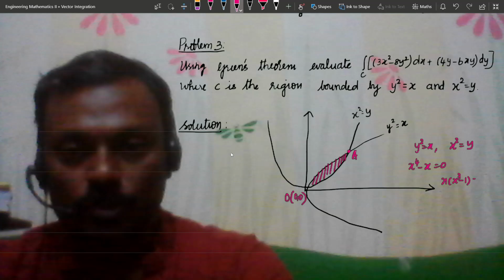But considering only the real roots, because we are on the real plane and it's a real integral we are discussing, we get x equal to 0 or x equal to 1. So substituting in either of the two equations, x squared equal to y and y squared equal to x, we get the points of intersection to be (0, 0) and (1, 1).